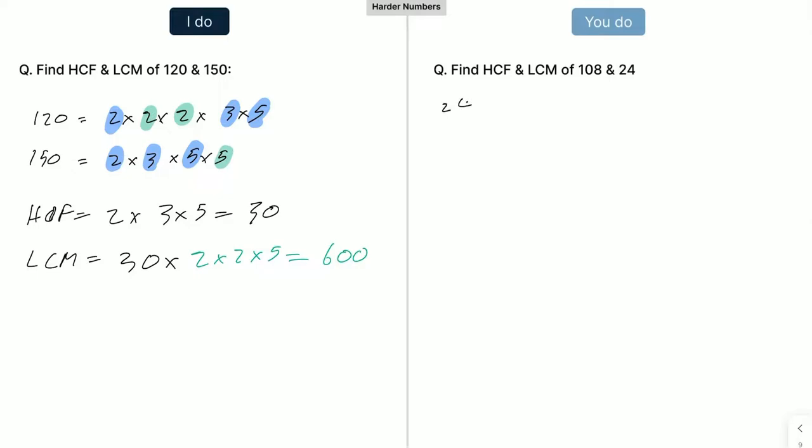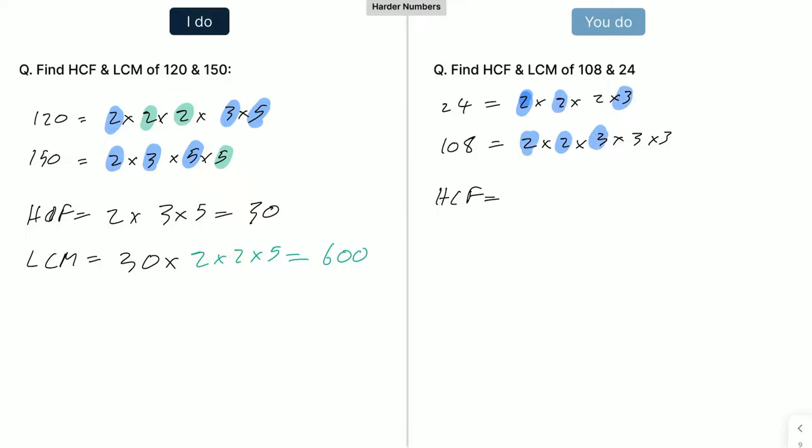So hopefully you started by finding the product of primes, and you found them to be 2 times 2 times 2 times 3, and 2 times 2 times 3 times 3 times 3. And the HCF is the matching pairs. So the matching pairs in this case are 2 and 2, 2 and 2, 3 and 3.